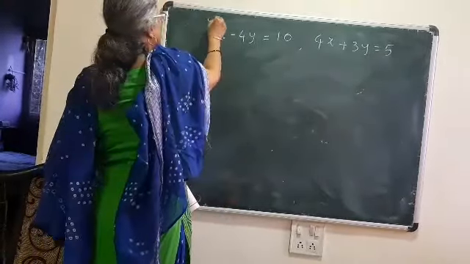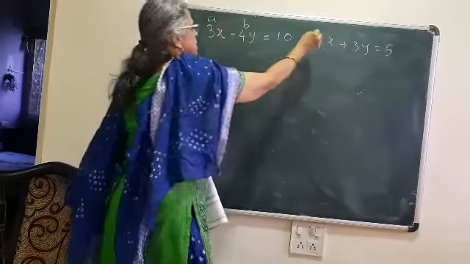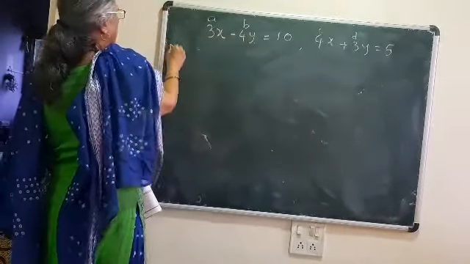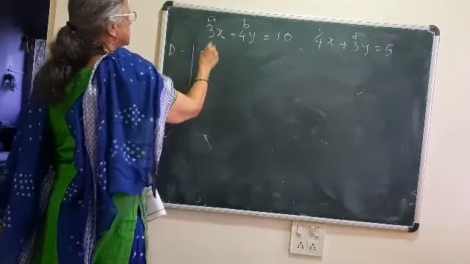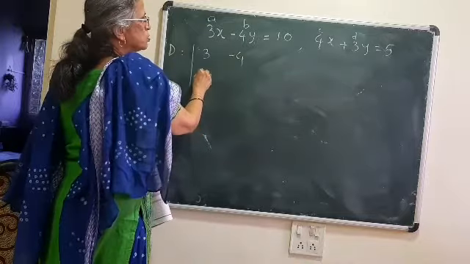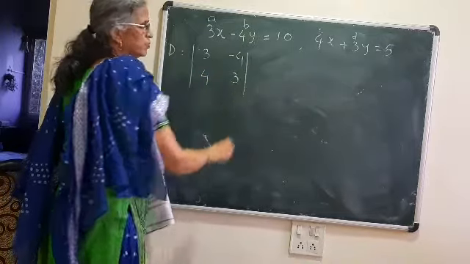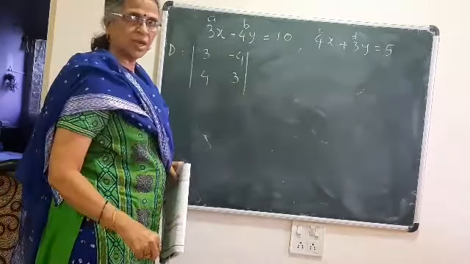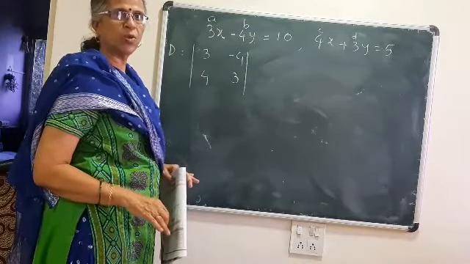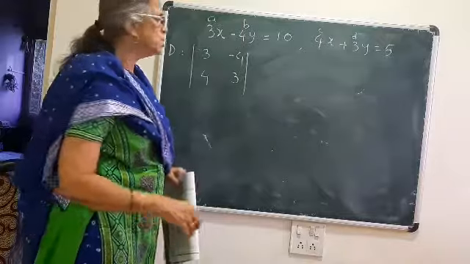For D, this is a, this is b, this is c and this is d. So for finding D, we write serially 3, minus 4, c is 4 and d is 3. Followed? After that, what is the next step? We are going to find its value by which formula? AD minus BC.